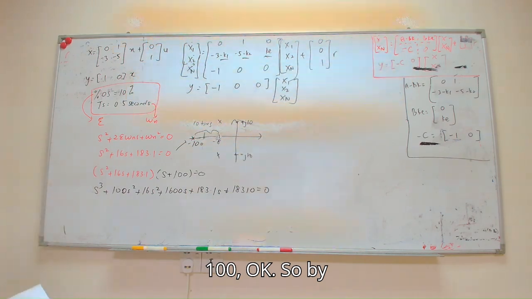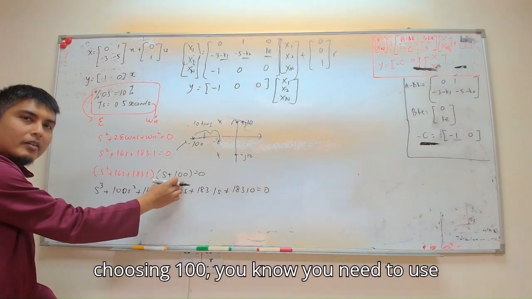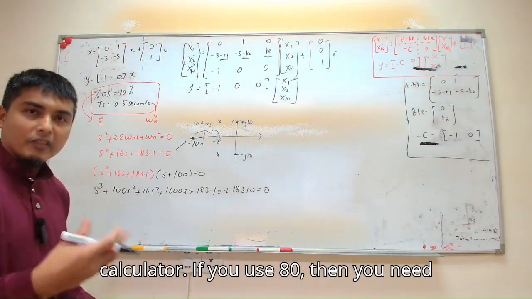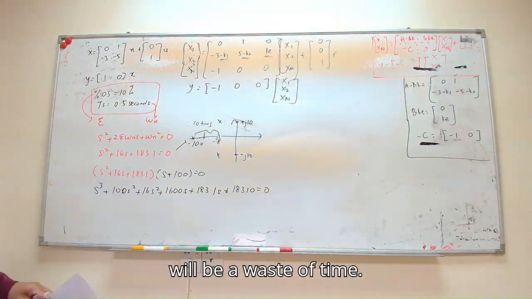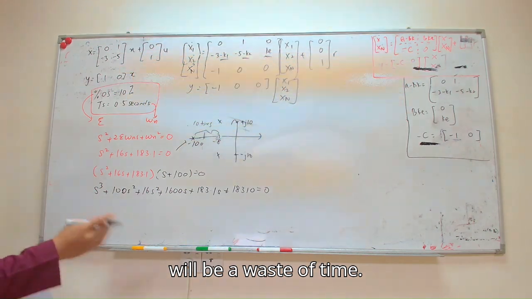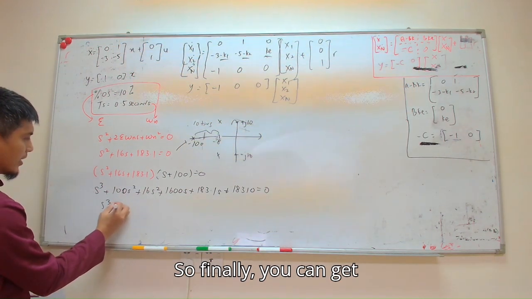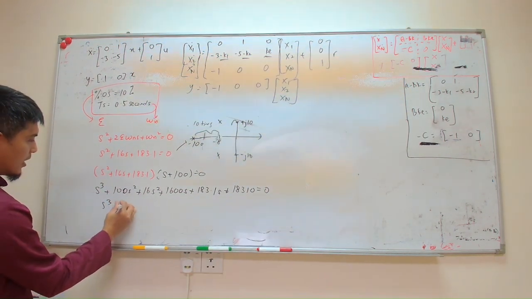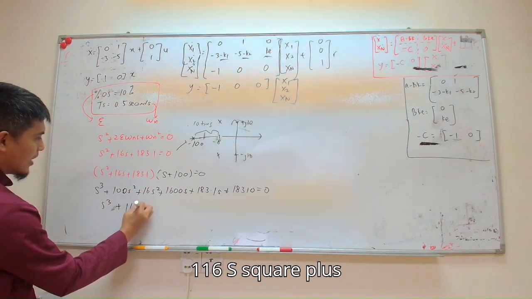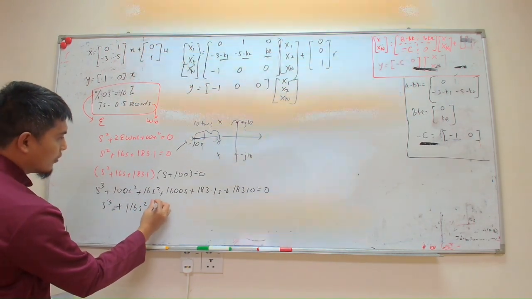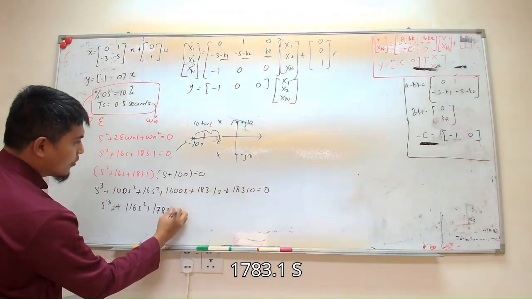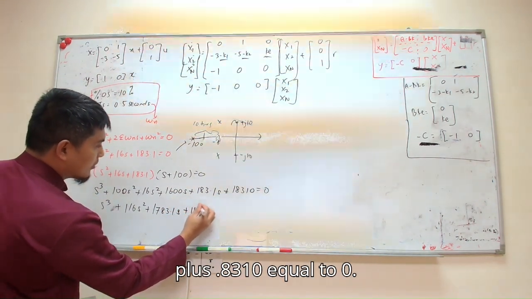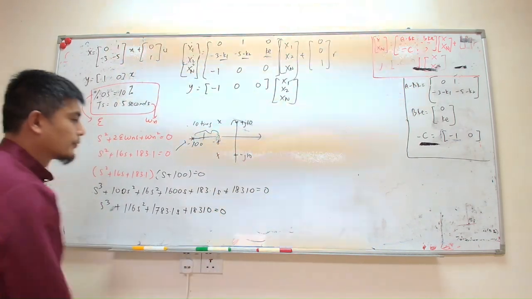So by choosing 100, you don't need to use a calculator. If you use 80, then you need to use a calculator to calculate everything, so it will be a waste of time. So finally, you can get plus 116 s squared plus 1783.1 s plus 18310 equal to 0.